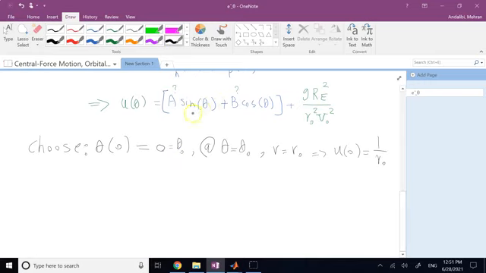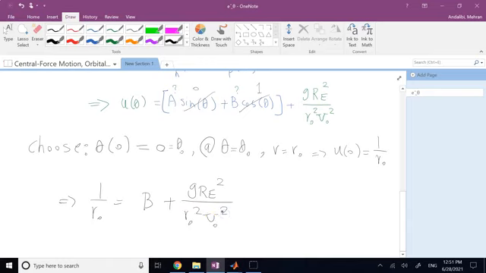So here I'm going to plug in theta of 0, which makes this whole thing 0, makes this guy 1. That guy stays as a constant. And you will get 1 over r naught is equal to b plus GRE squared over r naught squared v naught squared.